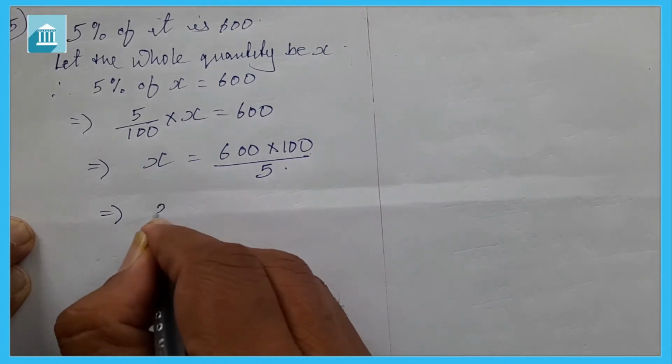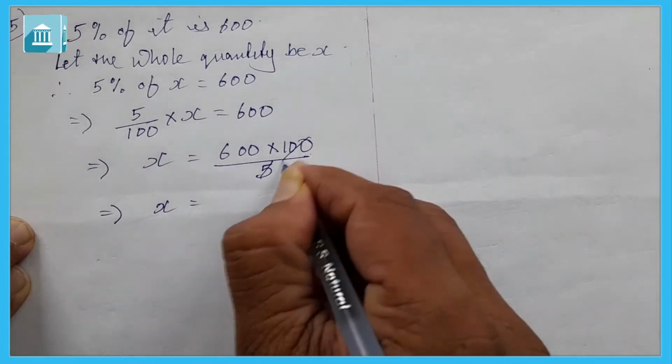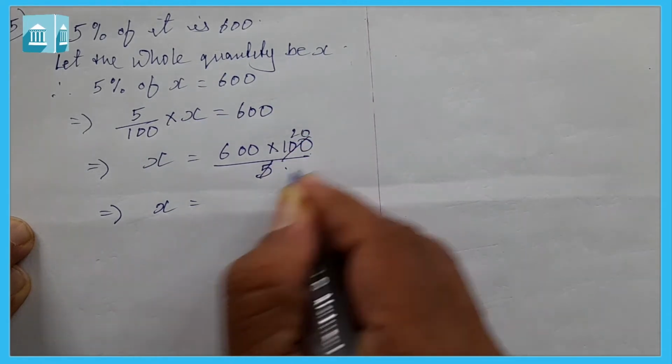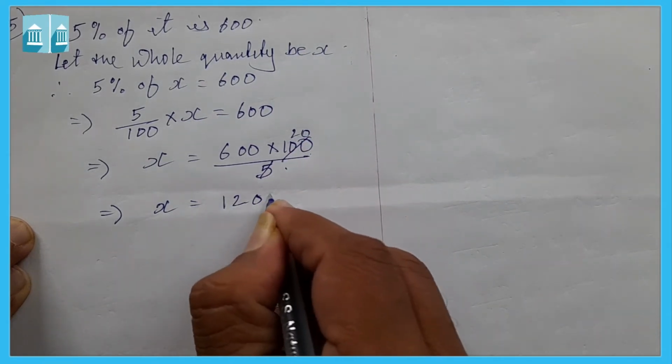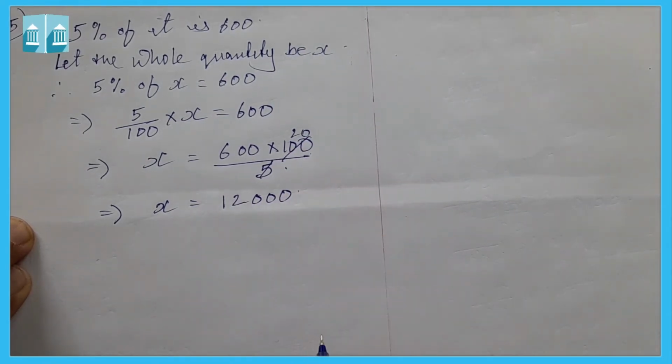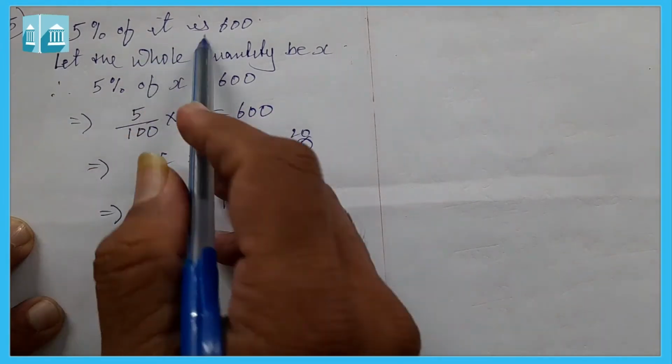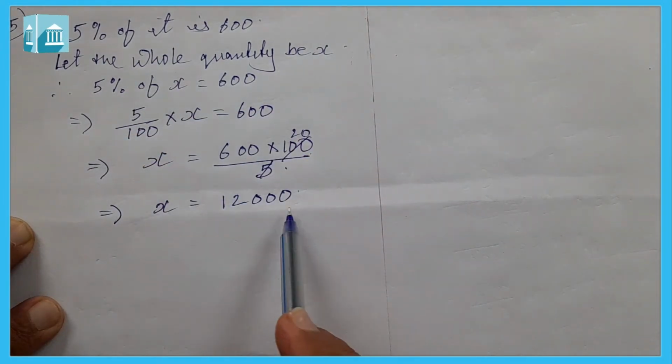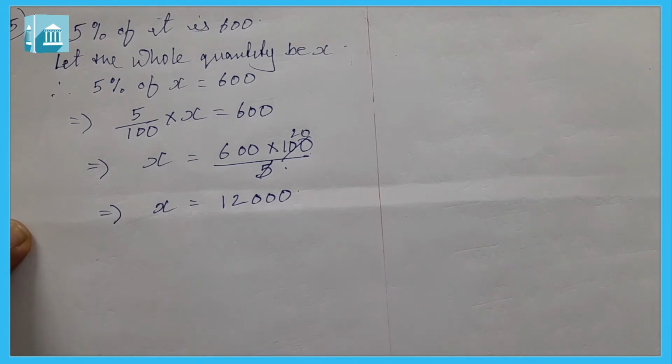We can say that x is equal to, this will be cut into 20, 600 into 20, so 12,000. So here the whole quantity is 12,000.